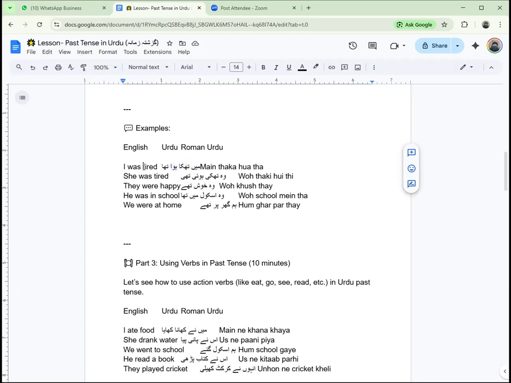It is actually that tired is translated into thaka hua. When we use this in present tense, मैं थकता हूँ या मैं थक रहा हूँ. I tire. If we use this in present tense, it is मैं थकता हूँ. We use our root word थकना.